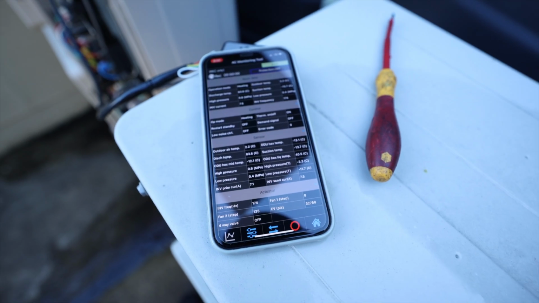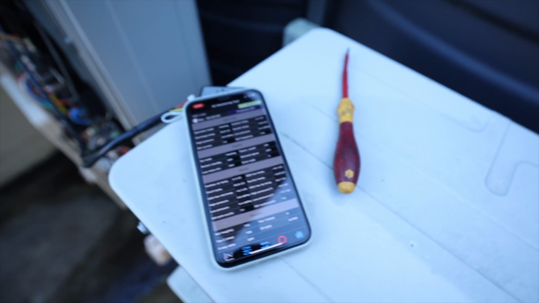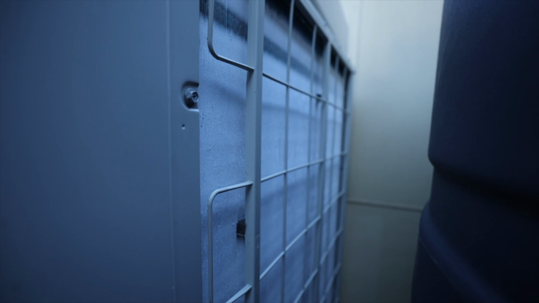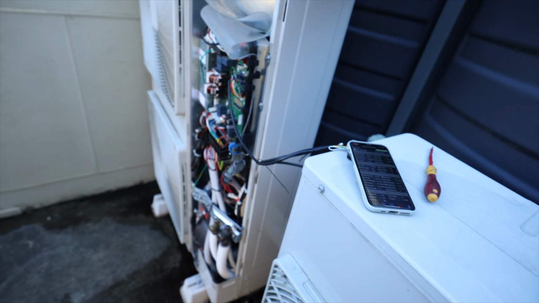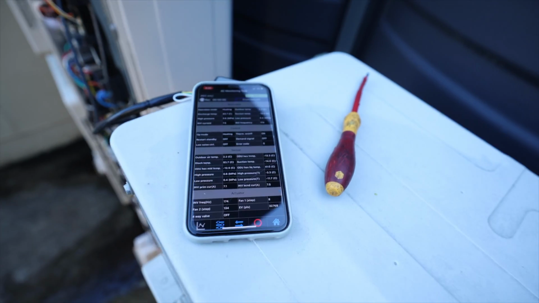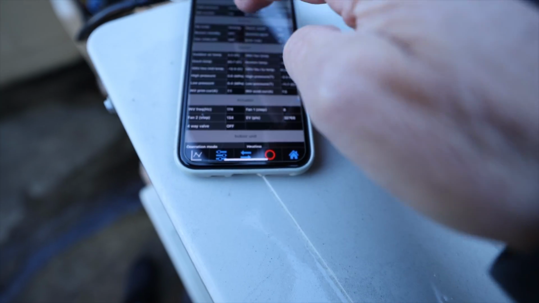So it is picking up heat. The reason this has dropped off so far is because it's not picking up much heat, because the coil is quite iced. So it's allowing the gas to run at a lower pressure. Lower pressure equals a lower temperature.